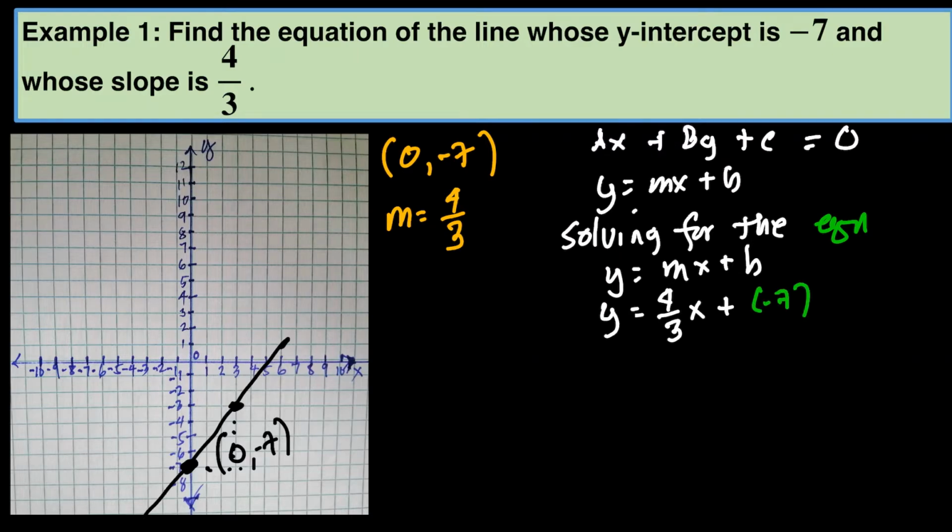So we can write this as y equals 4/3 x minus 7. To simplify this further, we can multiply both sides by 3. So we multiply 3 here, and also multiply 3 on the left side of the equation.